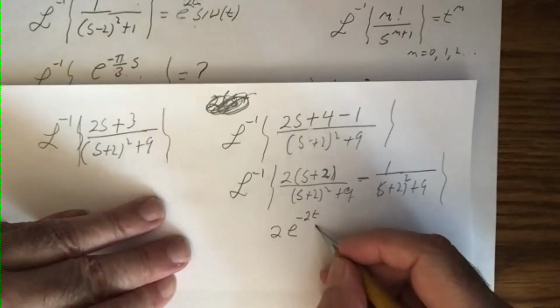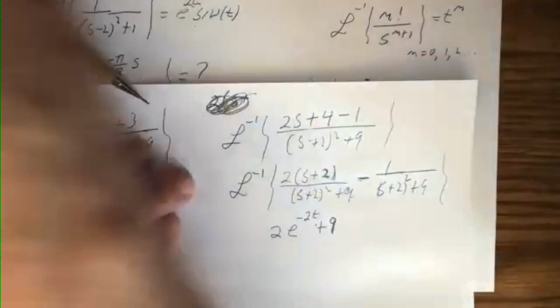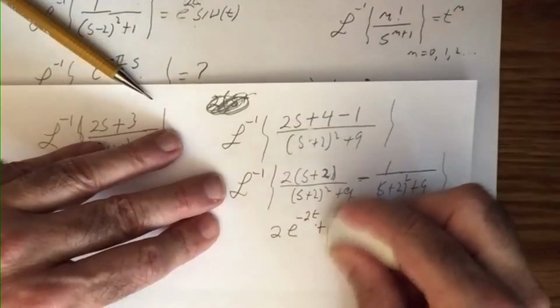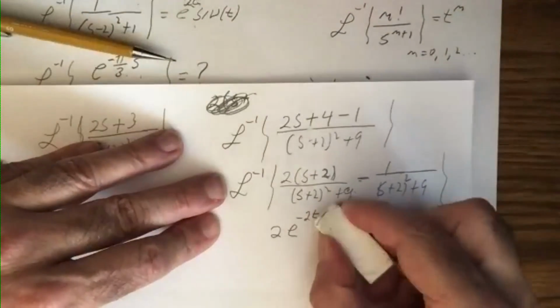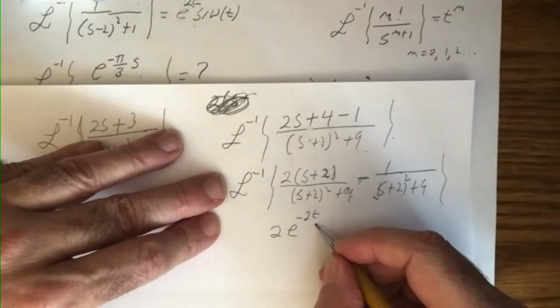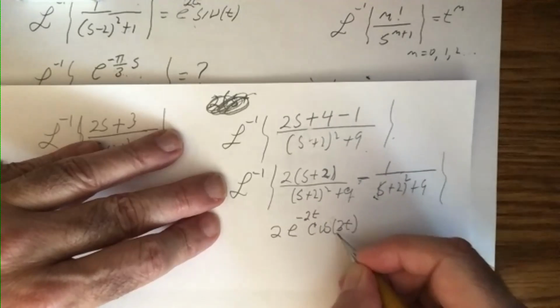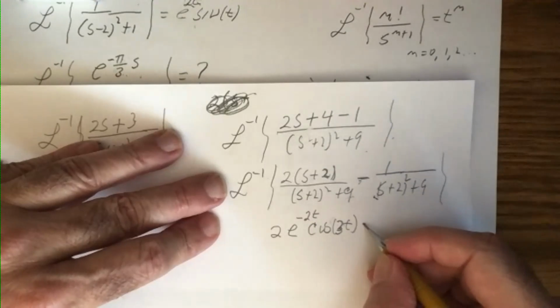Okay, so this is a 9 here, so this is gonna be a 9, that's right. Yeah, so the sign, this is correct. I got it mixed up. So this is now the cosine. This is gonna be the cosine of 3t, and then minus.